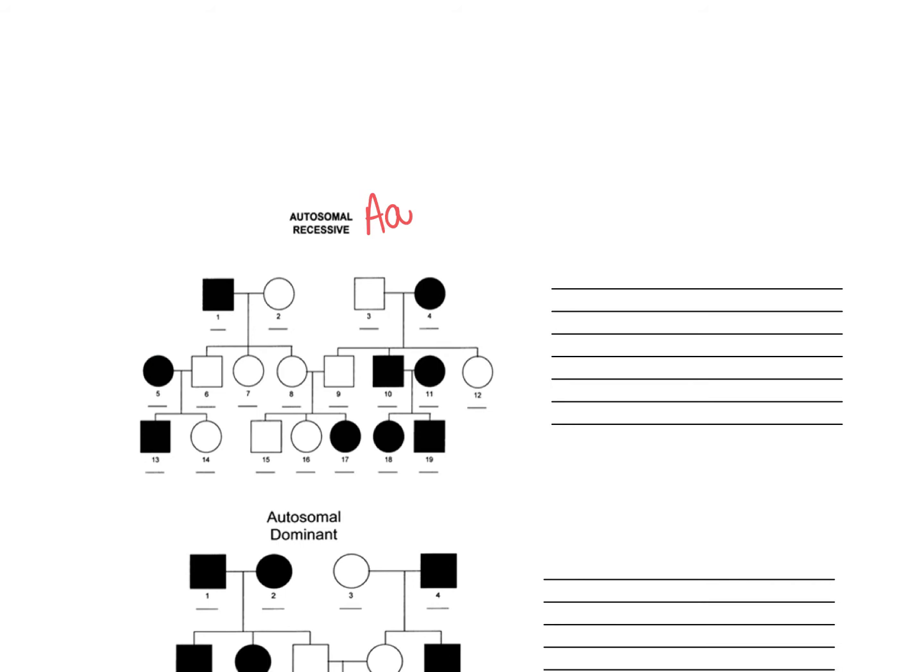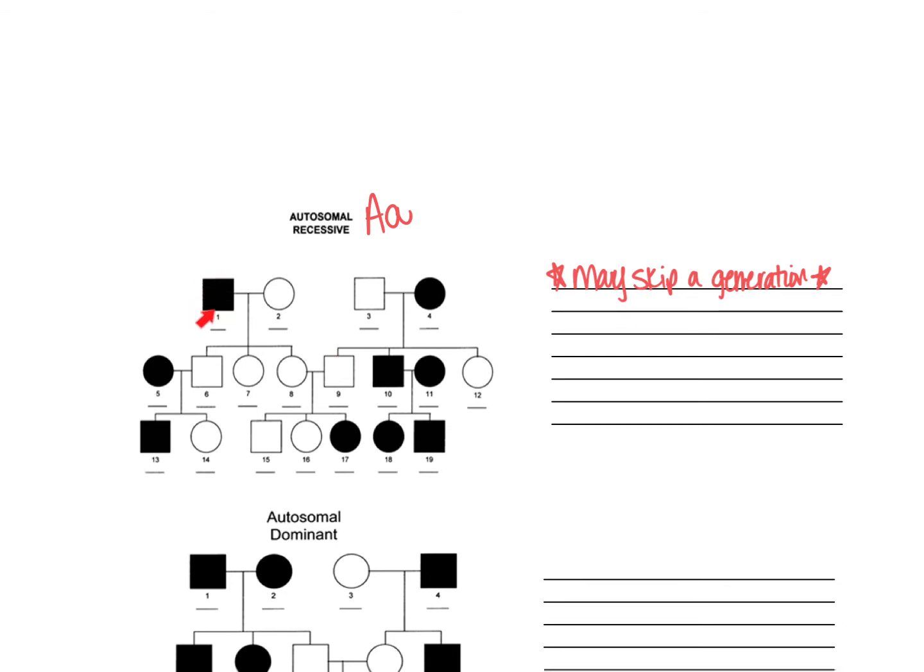One of the clues you can use to determine whether or not this is autosomal recessive is that these recessive conditions may skip a generation. What we mean by that is you may see the trait skip. I'm going to follow this group right here as the example.